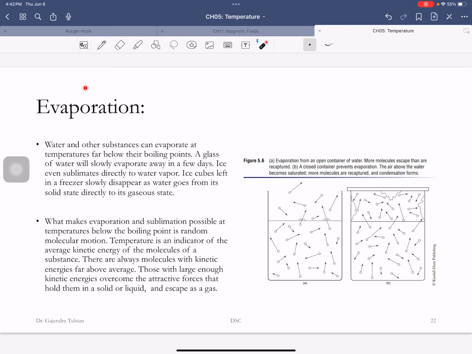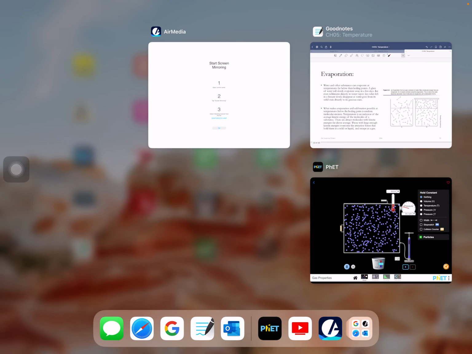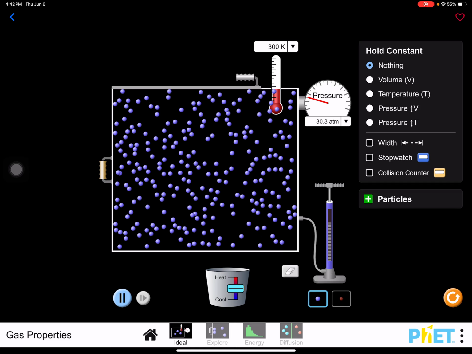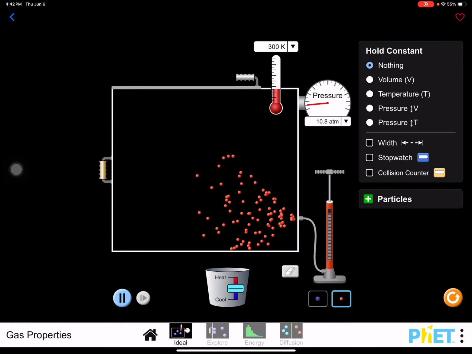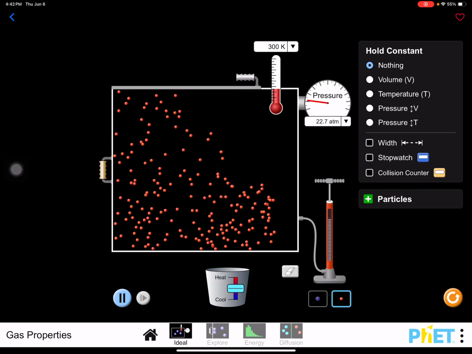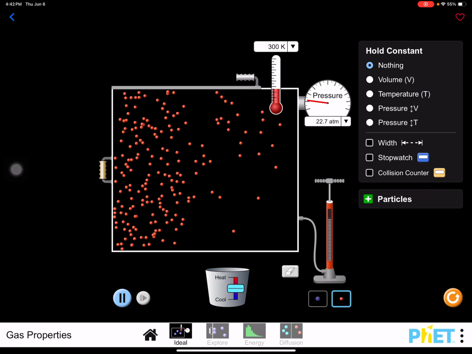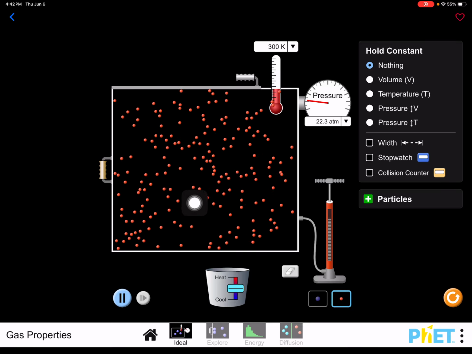All right, let's look at the process of evaporation. Let me reset this. This is a better one just because the molecules are lighter and they're moving faster.